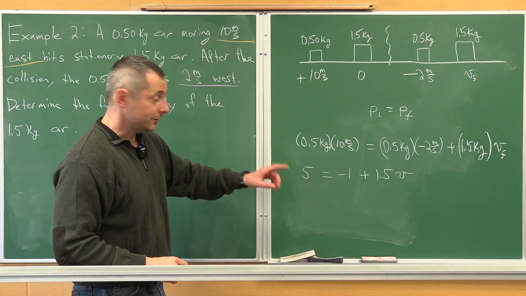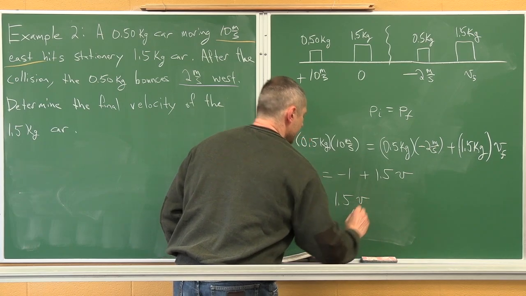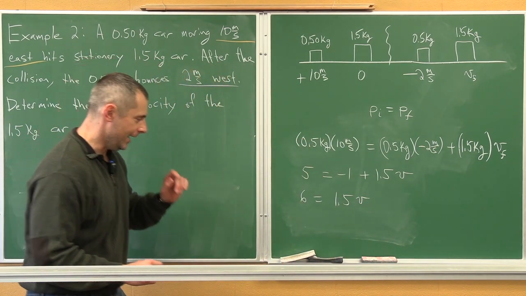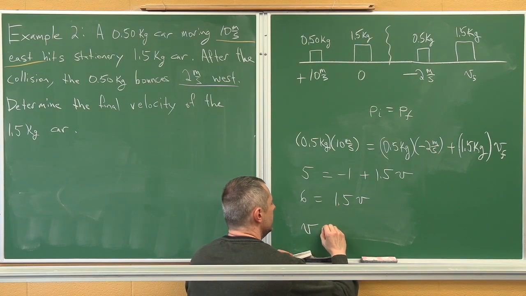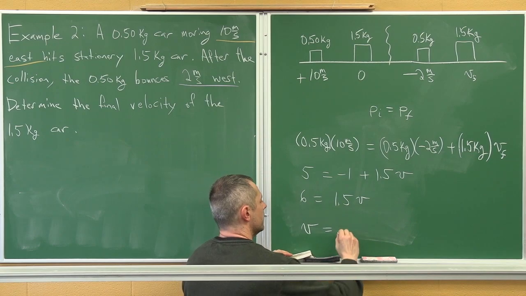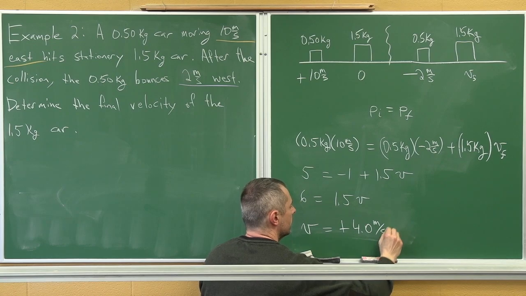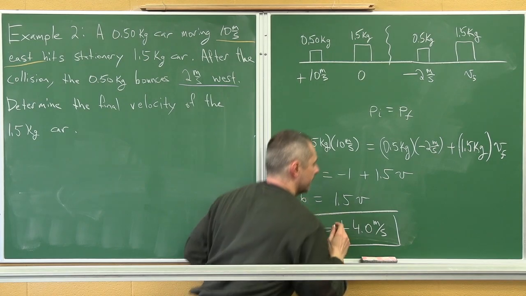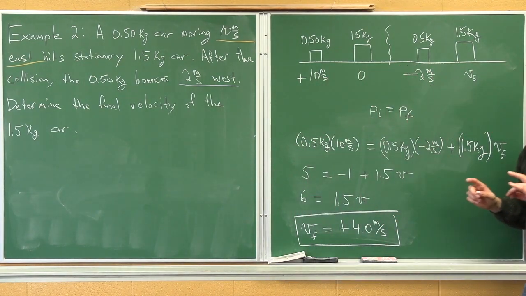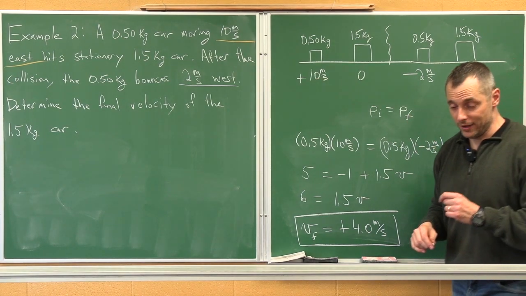Add 1 to both sides, giving me 6 equals 1.5v. Divide both sides by 1.5, and I get my final velocity. So v equals, now, the positive kind of is telling me, based on my diagram, that the velocity is to the west.